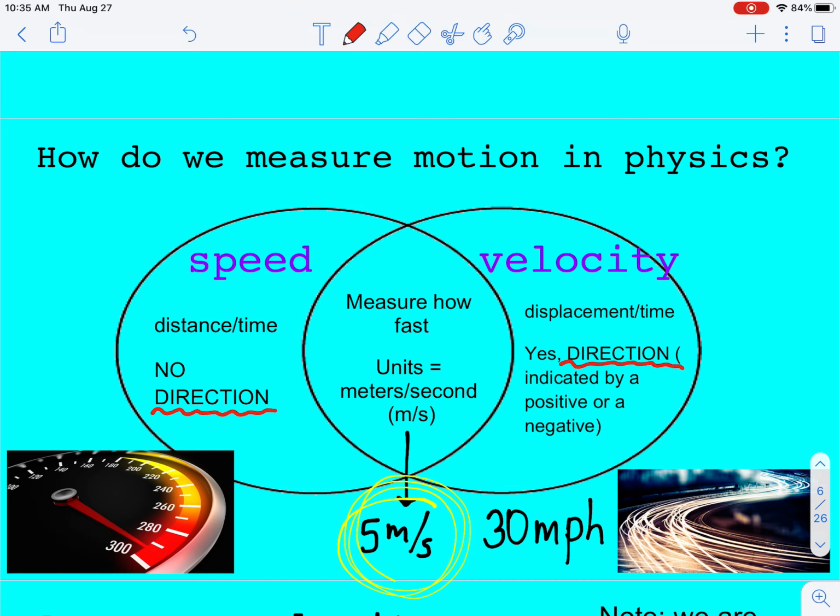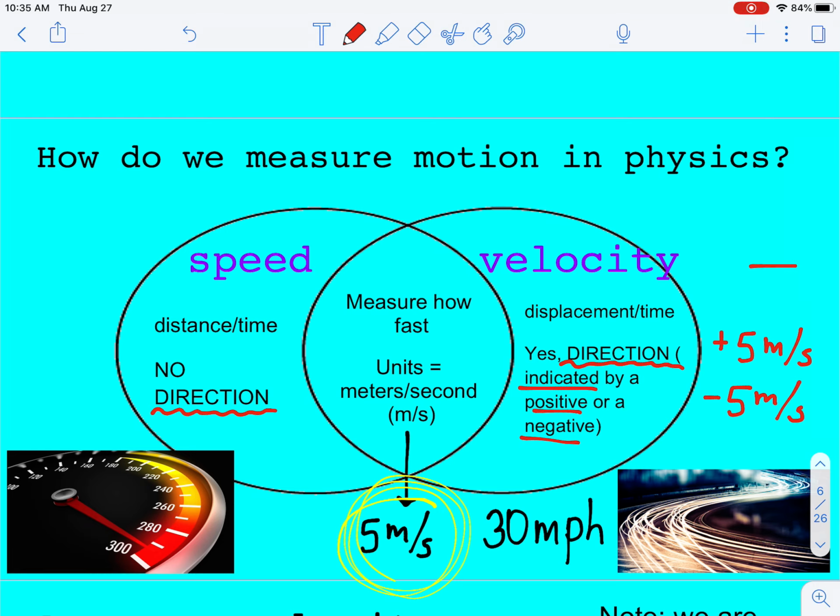Direction in physics we indicate by a positive or a negative. So velocity could be positive 5 meters per second or negative 5 meters per second. Negative doesn't mean slower.